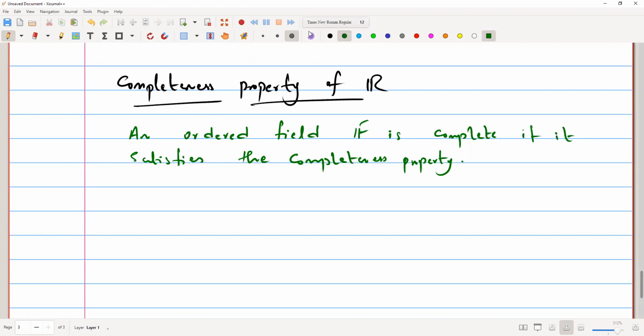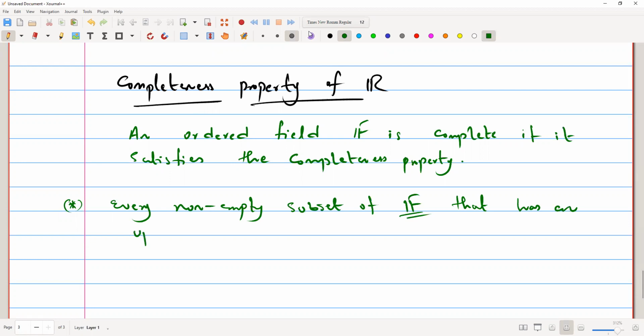The completeness property, which I am marking with a star, says that every non-empty subset of F, where F is the field, that has an upper bound, has an upper bound in F. So it means that the upper bound should be from the universe of the field that you are considering, right?